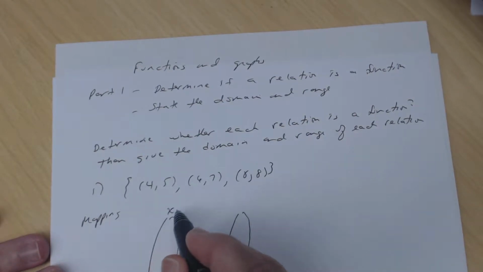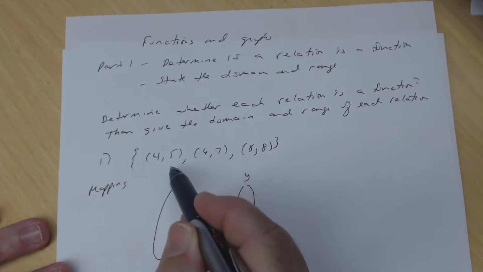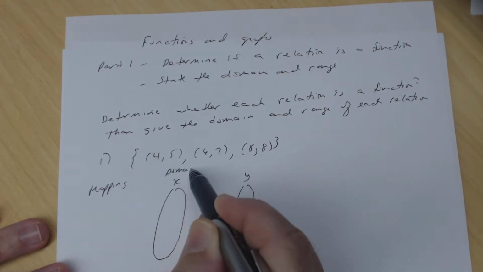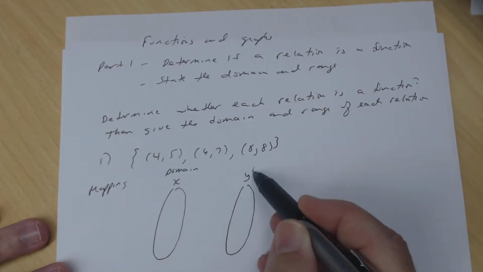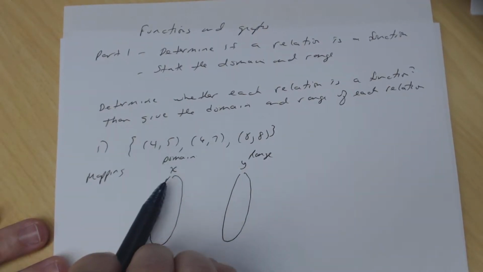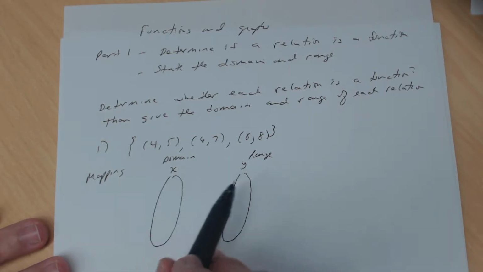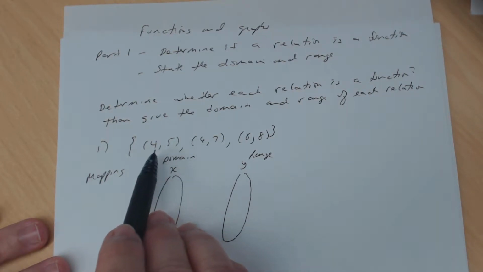So let's call this the x coordinate and this the y. The set of x's here would be your domain, and the set of y's would be your range. All you do is list your x coordinates here, list your y coordinates here, and then show the correspondence.